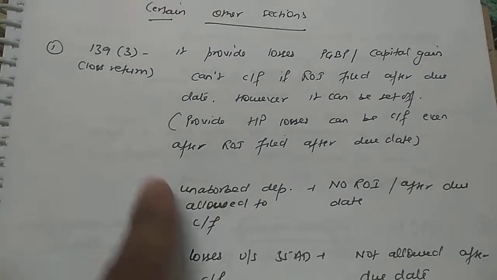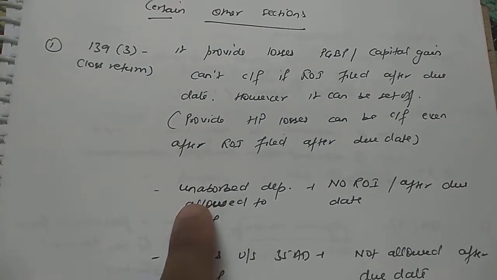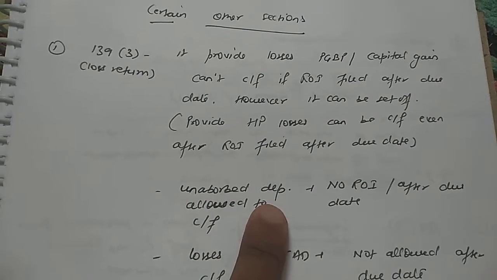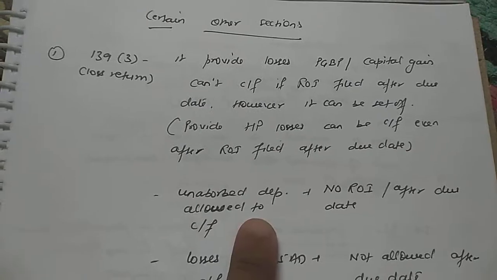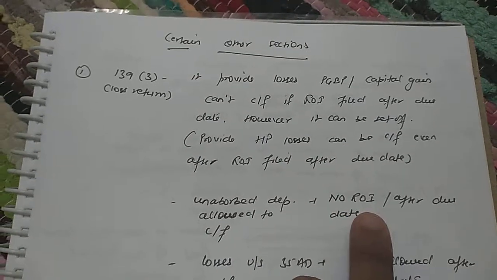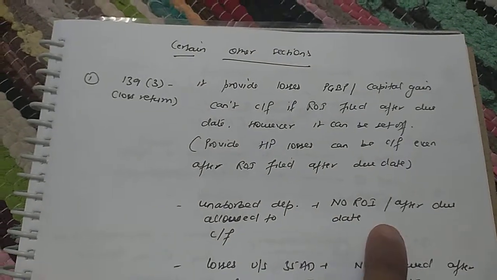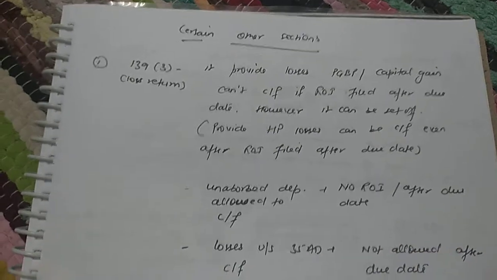If the assessee has losses pertaining to unabsorbed depreciation, then they are allowed to carry forward that loss even if they file no return of income or file the return of income after the due date.